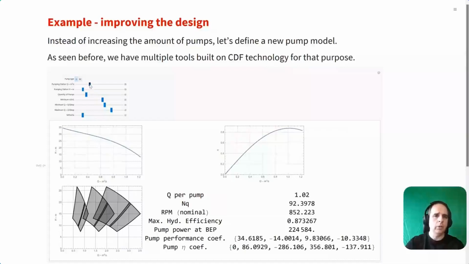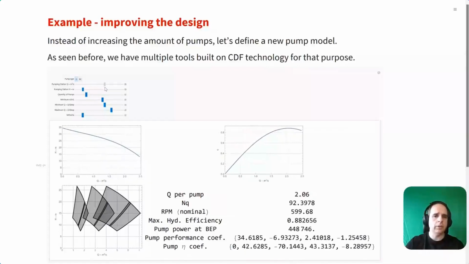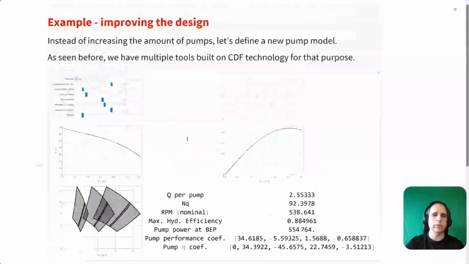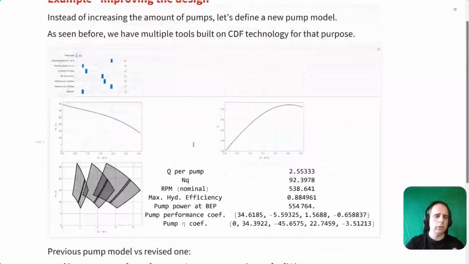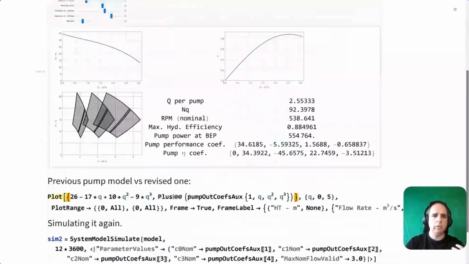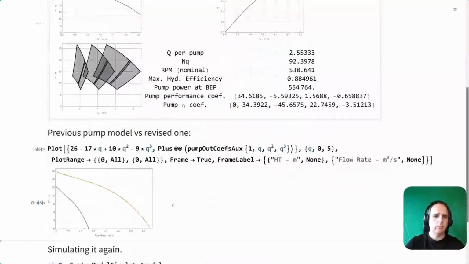And so we're going to choose here on our CDF interface a bigger pump. Actually, I'm going to choose a much bigger pump than we had before, like for instance this one, yes. This is a CDF that we already had, that we used to pre-select pumps, and we can clearly see that the pump is much bigger than the previous one.